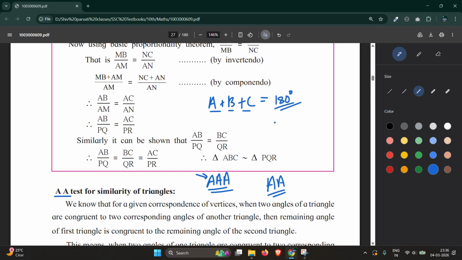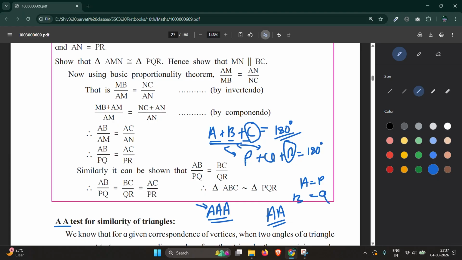And for another triangle, let us say there is an angle P plus Q plus R, and we know that A is equal to P and B is equal to Q. We don't have to check C, because since these two pairs are equal, C is just going to be 180 minus (A plus B).